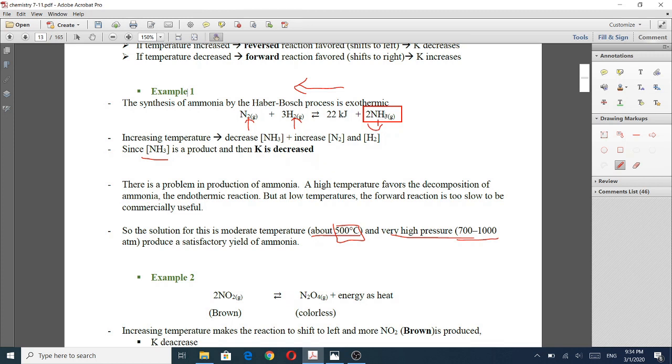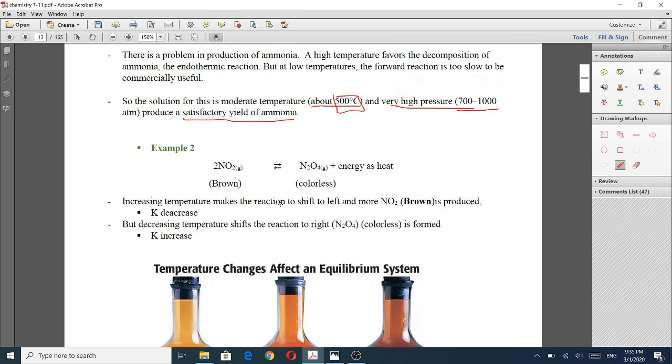So if you go back to the first change, about pressure, you can see that if we increase pressure, the shift, or the relieving of stress, would be from higher moles of gas towards lower moles of gas. That's why a satisfactory amount of ammonia can be yielded.